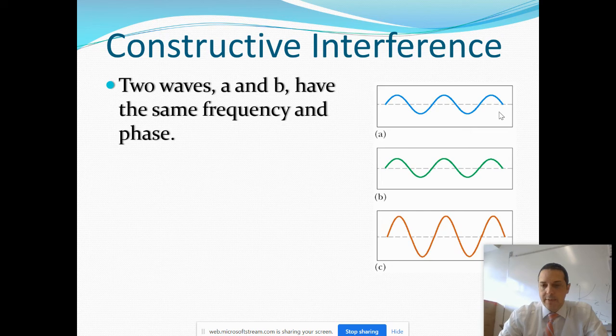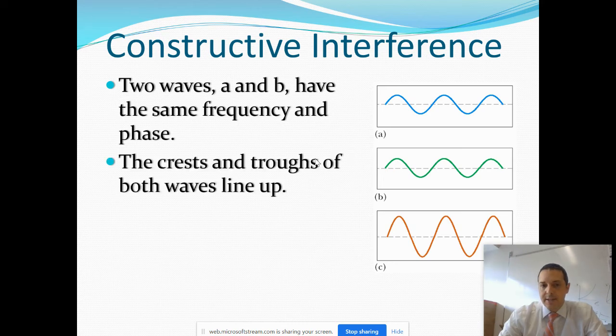You'll see wave A, which on screen is blue, and wave B, which on screen is green. Now these two waves are both acting in the same medium at the same time. You'll see that the crests of A and B line up. So you have the crest of A directly over the crest of B, and you have the troughs of A directly above the troughs of B.